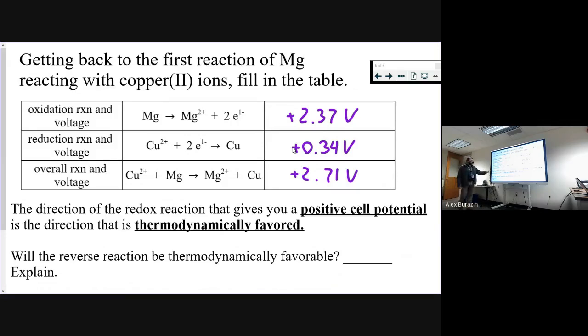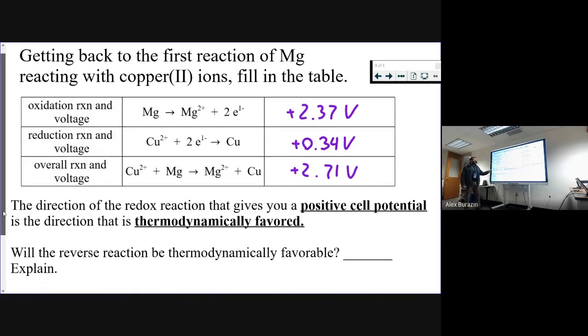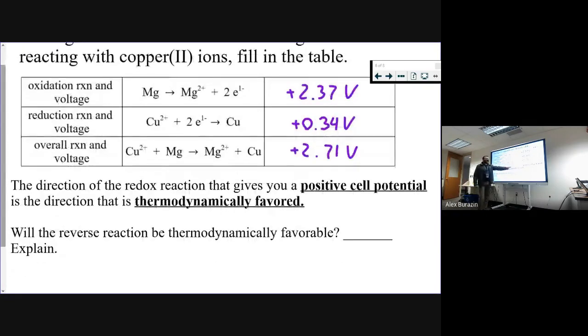Now, what's also really important is the direction of the redox reaction that gives you a positive cell potential. By the way, this right here is known as cell potential. The symbol of this is capital E. It's usually a funky stylized E, but AP's gotten rid of the funky stylizing of it, so they just use capital E with subscript cell, like this.